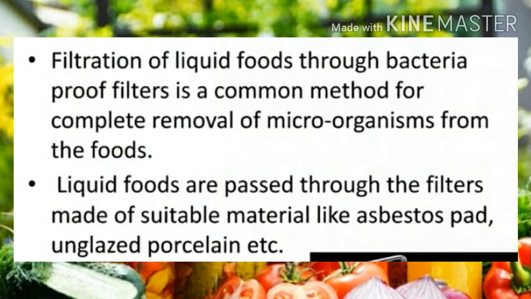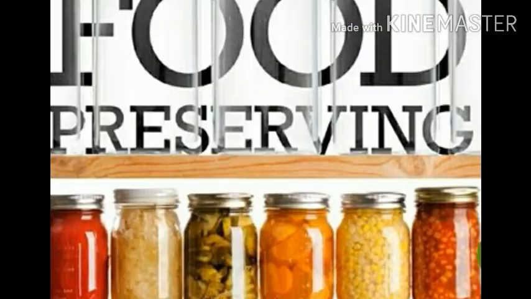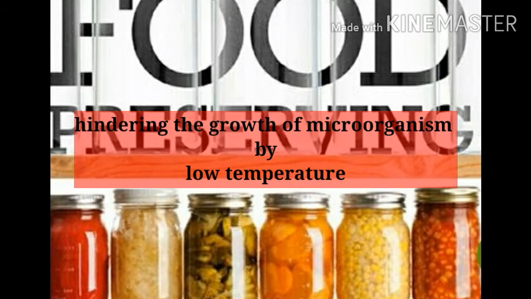And next, the third one is hindering the growth and activity of microorganisms. First, by using low temperature. Microbial growth and enzyme activities are retarded in food by storing them at low temperature.